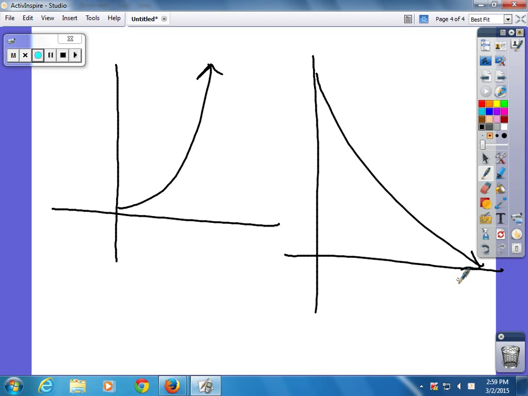This is a to the x power, and this is a to the what? Negative x power. This is growth, and this is what? Decay. Now some of you remember some of this in your high school algebra classes when you studied about carbon life, whatever it's called, carbon dating, and when you talked about interest.